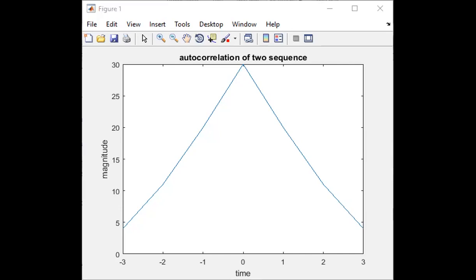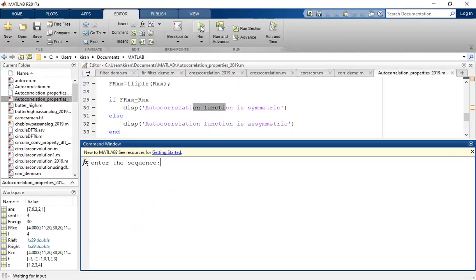Let us do that exercise now. Let me run the program once again. I will enter some spooky sequence, and you'll see if there is any pattern in it.